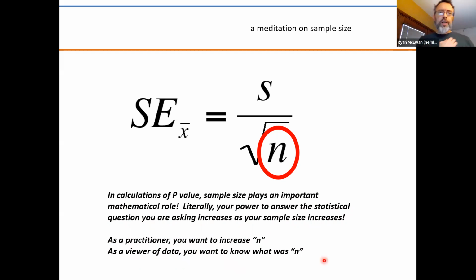If you're talking about polling data, or whatever kind of data, or whether the dishwasher is efficient, you know, this is in your regular life too. Certainly in science. You want to have more N as a practitioner, and you want to know what the N was as a viewer. And this is why, of course, I teach you to use a box plot as the very first thing we do, because the sample size is literally displayed on the screen. You can see it.